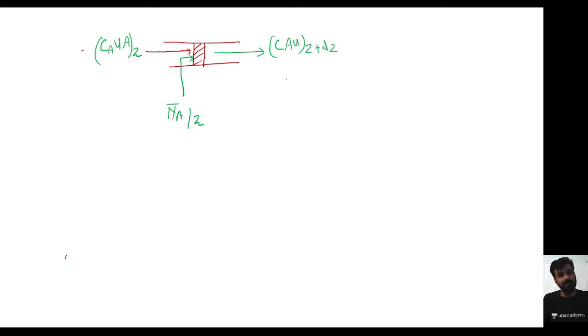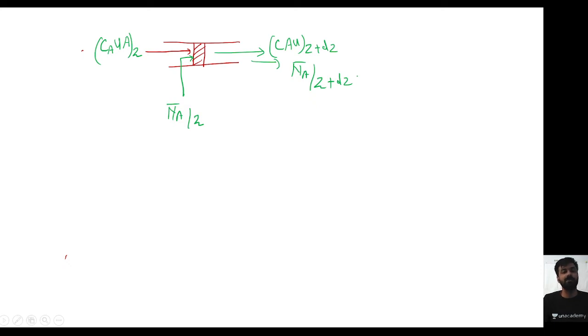Again, there will be two flows over here, no? One is bulk flow and one is dispersive flow. So here it is CaU and cross-sectional area, and here, my dear students, Na bar at z, and here it will be coming CaU at z plus dz, and one more Na bar at z plus dz.